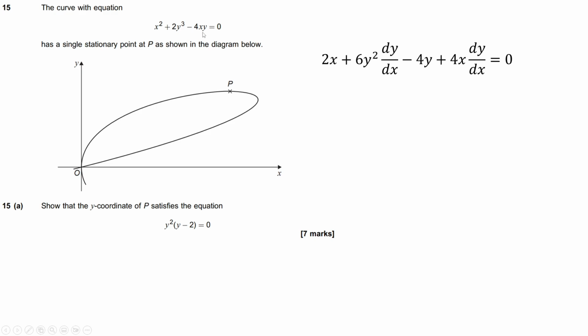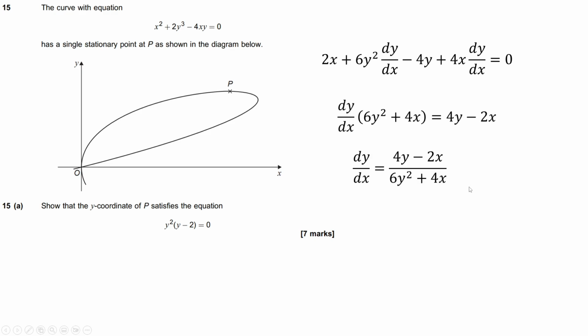Then we add on differentiating y, so this becomes minus 4x, because y differentiates to 1, not 0. And then obviously add the dy by dx, because we've differentiated y. You'll get this. Factor out dy by dx, and then bring the 2x to the side, bring the minus 4y to the other side to get this, and then divide through like this. That's fine. That equals 0 because it's a stationary point.